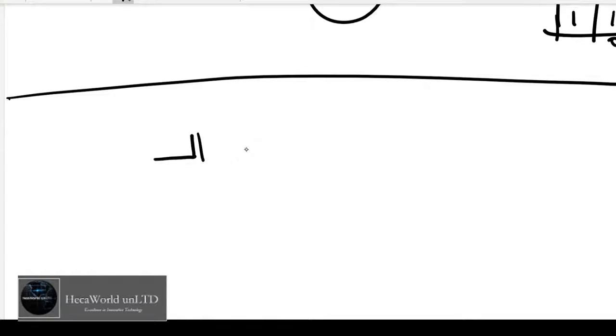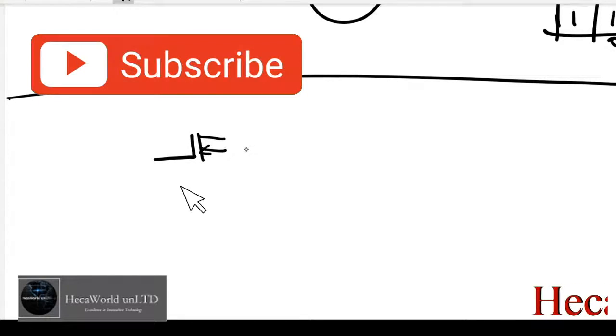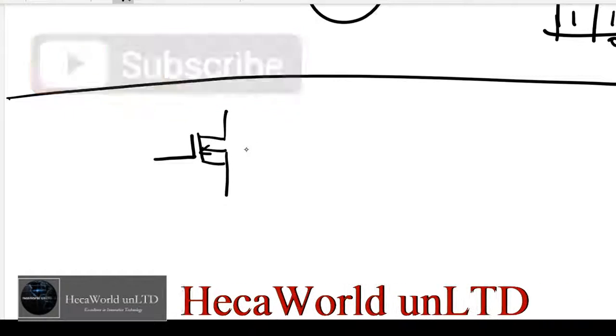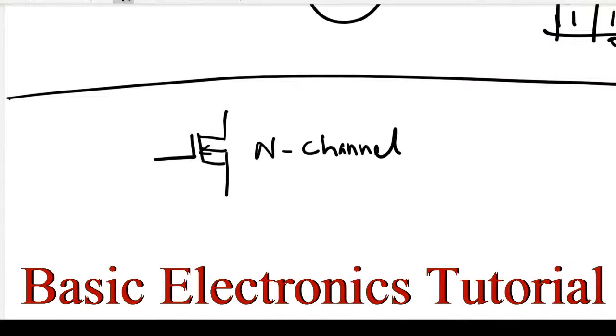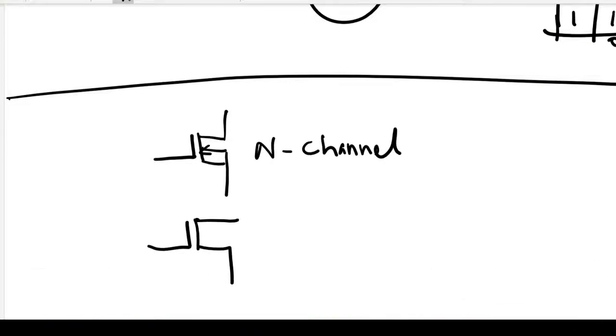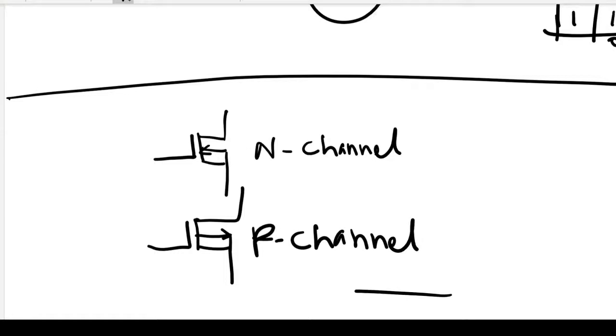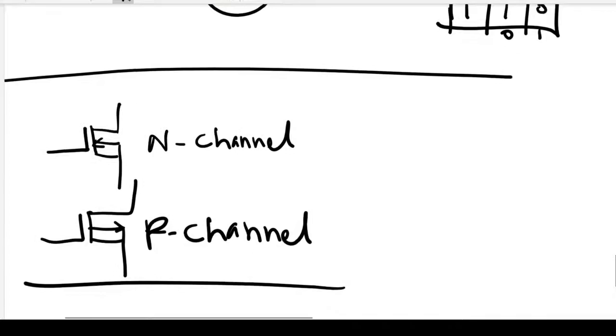So this is the MOSFET we looked at, the N channel, and then we looked at the P channel. We looked at this last week, and a few other things.